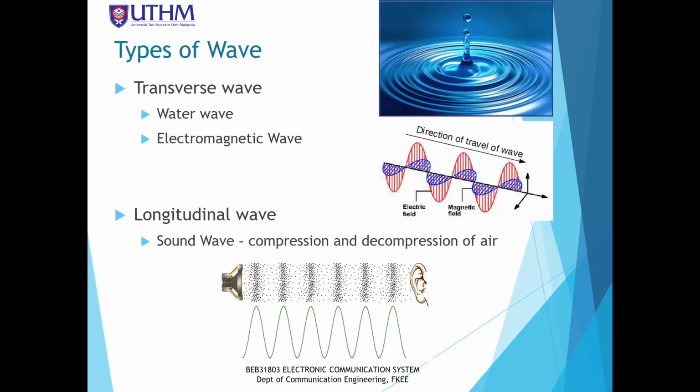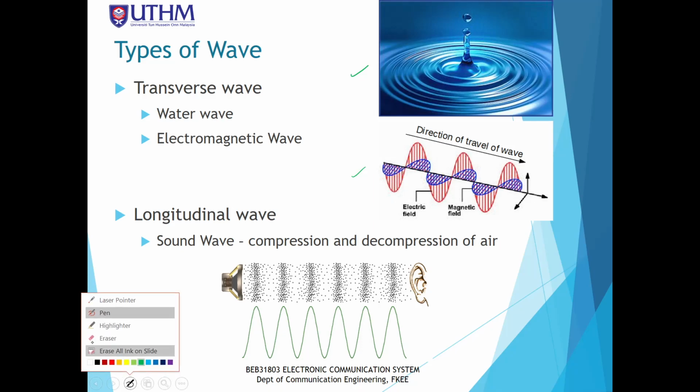So for the types of waves, there are two types, water wave and electromagnetic waves. You see the water wave given in the picture, and electromagnetic waves given in this picture. Water wave and electromagnetic waves are categorized as transverse waves.